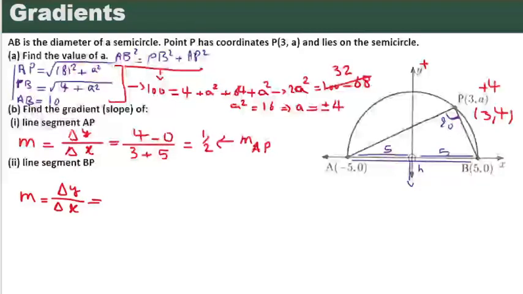So I will have y2 minus y1, which is 4, and x2 minus x1, which is 3 minus 5, negative 2. So I have 4 over negative 2. If I simplify, it gives me negative 2.